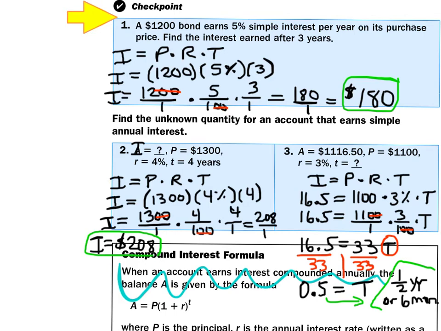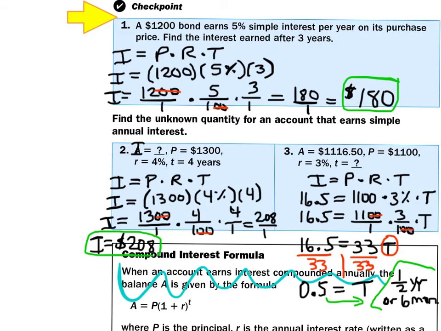So 100 goes into 1,200 12 times, so cross out those zeros. 100 goes into 100 1 time, so cross out the zeros and leave a 1. So 12 times 5 is 60. 60 times 3 gives me 180. 1 times 1 times 1 gives me 1 in the denominator. So 180 divided by 1 is just $180 simple interest.